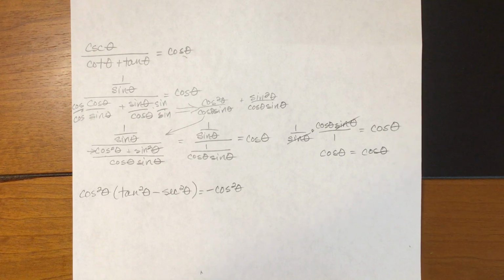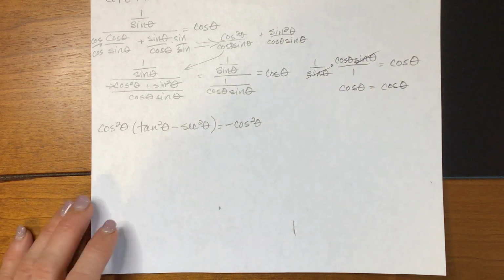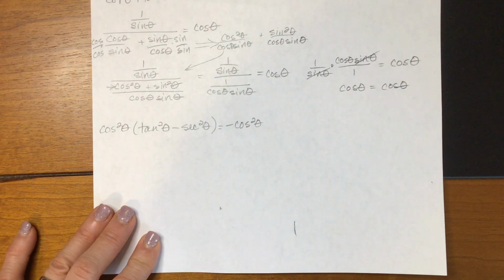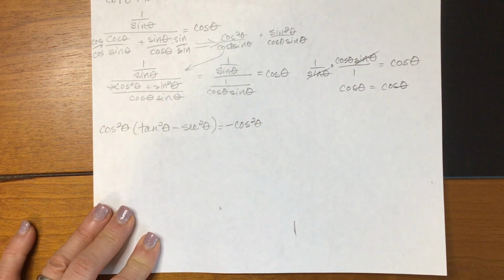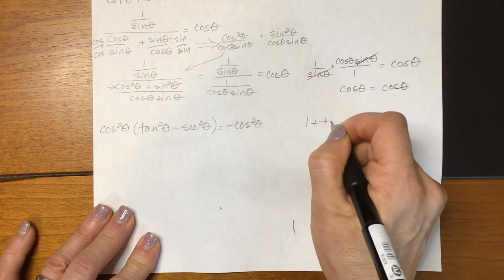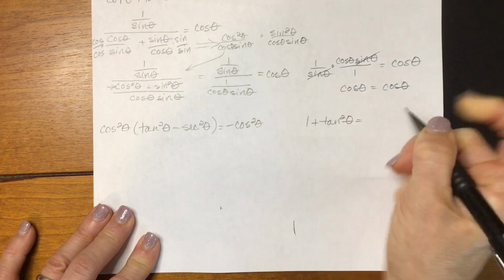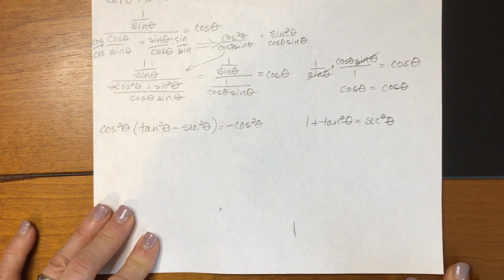And then our last identity, you might want to try this one again on your own, is cosine squared theta times tangent squared theta minus secant squared equals negative cosine squared. And I see I have these squared terms in here, and so I want to take this tangent squared minus secant squared and go back and look at my 3 Pythagorean identities, and I have this one that relates tangent and secant.